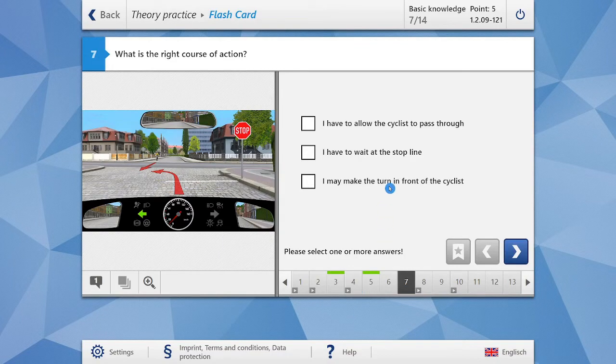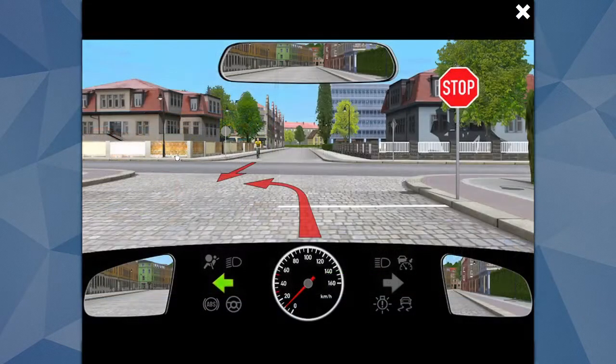Let's look at this. What is the right course of action? Let's zoom. Here you are clearly governed by a stop sign, right? That means you should give way to the cross moving traffic. There is a cycle coming towards you and both of you are on the same road.